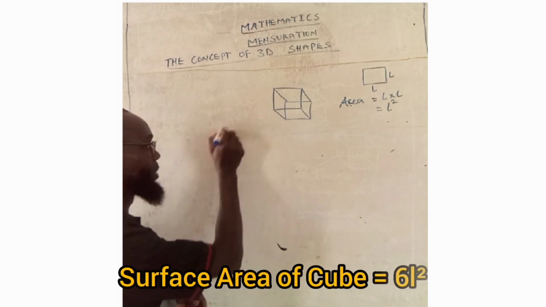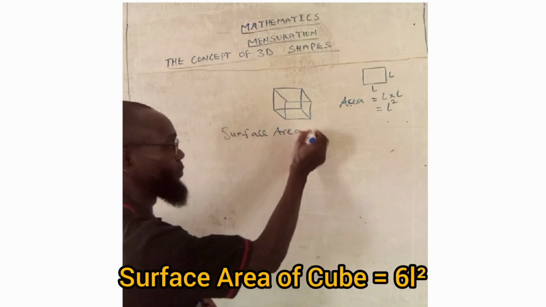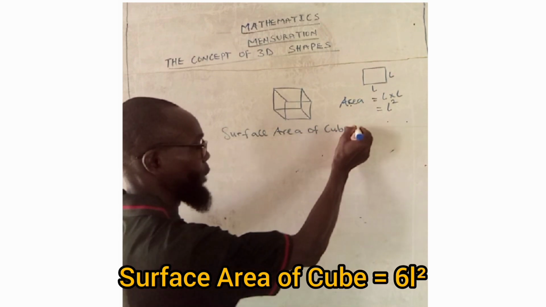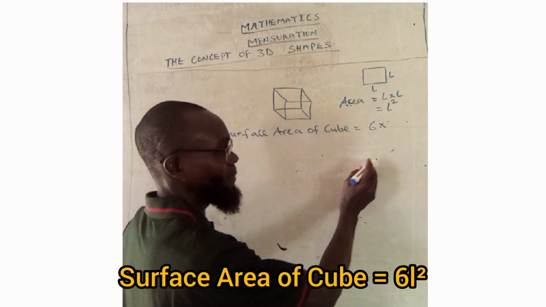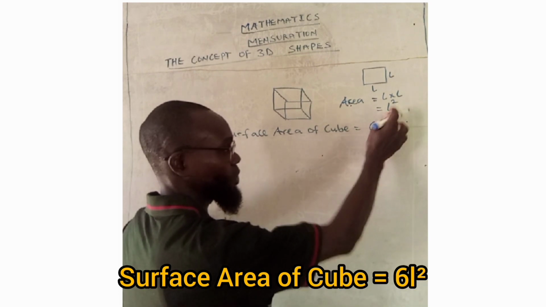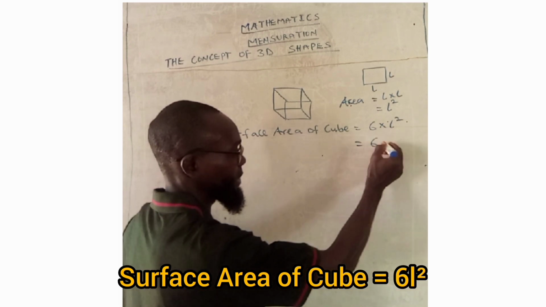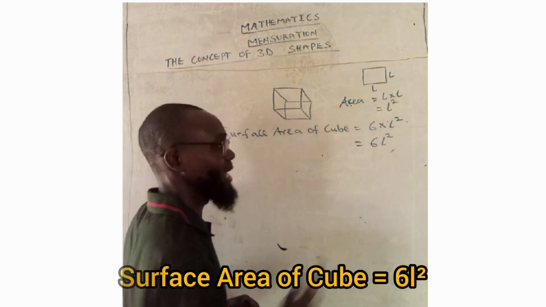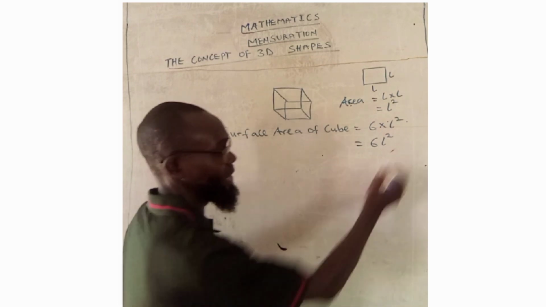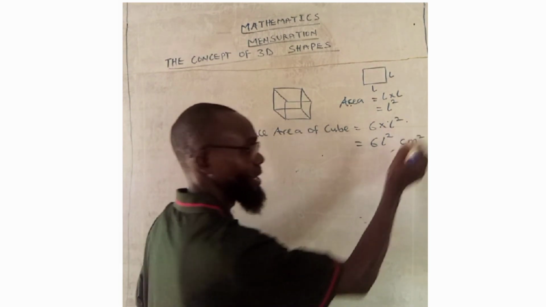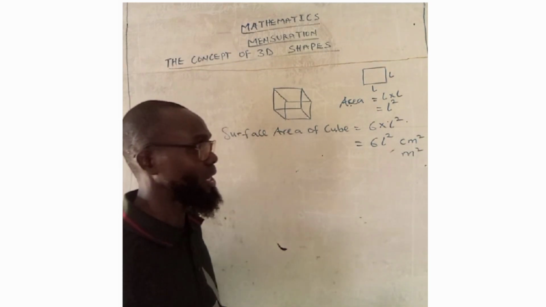So in this case, the surface area of a cube equals 6 multiplied by the area of one square, L squared, which gives us 6L squared. The units of measuring can be in centimeter squared, meter squared, and so on.